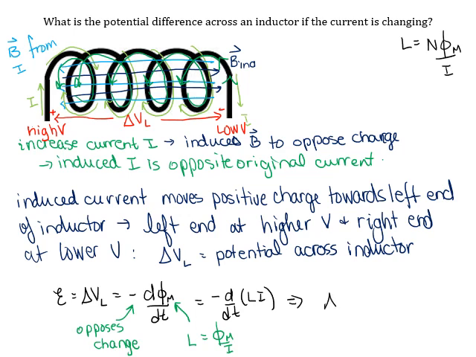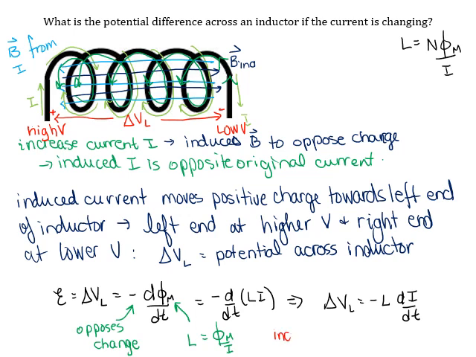So that leaves us with delta V_L, the potential difference across the two ends of the inductor, is minus L times dI by dt. The size of the potential difference depends on the inductance and on how the current is changing.